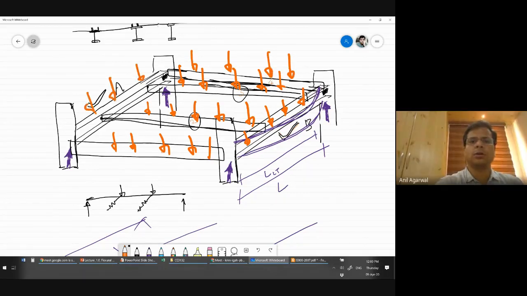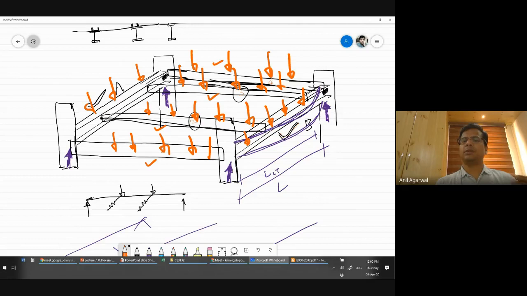So now these are the secondary beams. 1, 2, 3, and 4 are secondary beams, and A and B are primary beams. So for secondary beams 1 and 4, the load is directly transferred to the columns. But for secondary beams 2 and 3, the vertical load first goes from beams 2 and 3 to beams A and B, right?